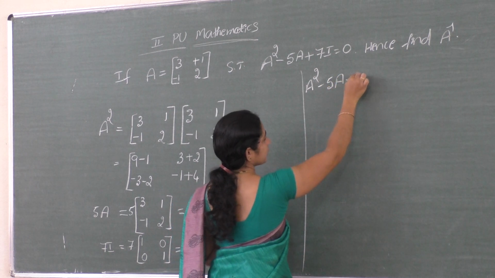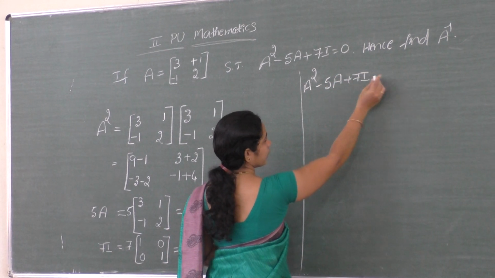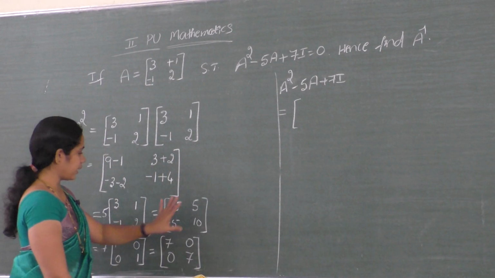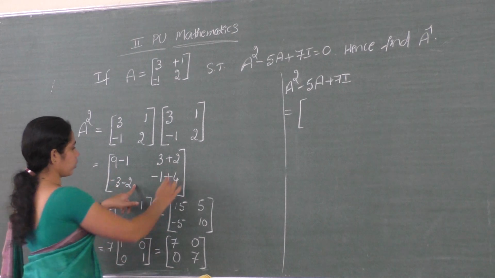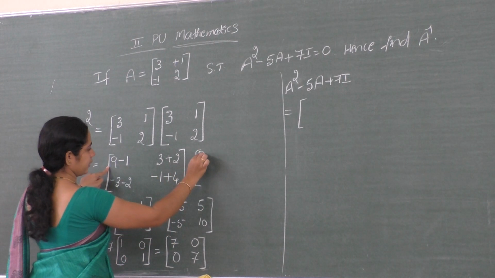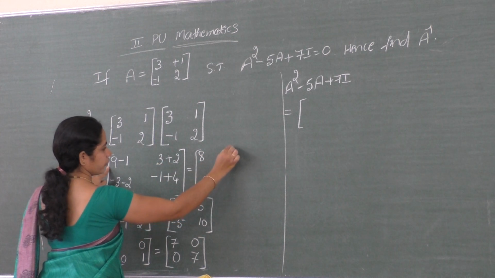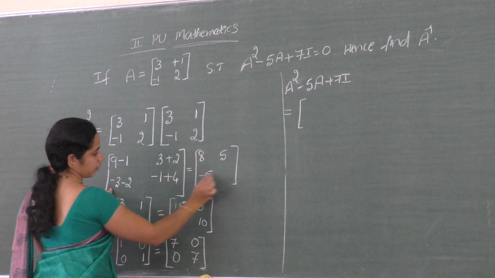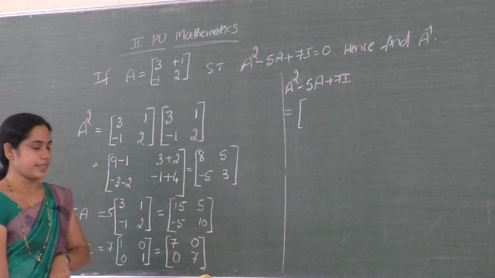A square minus 5A plus 7I. This is equal to, what is A square we have? This is the value of A square. 9 minus 1, 8. 3 plus 2, 5. Minus 5. Minus 1 plus 4 is 3.